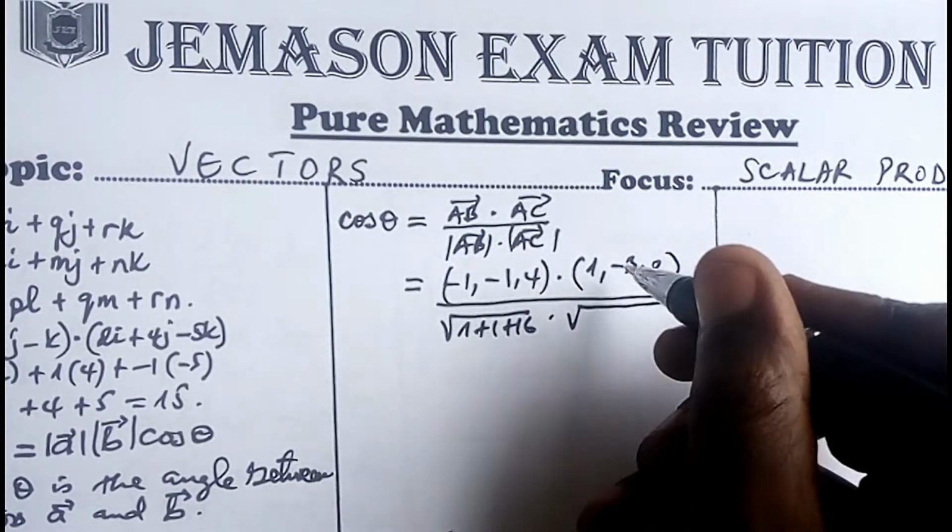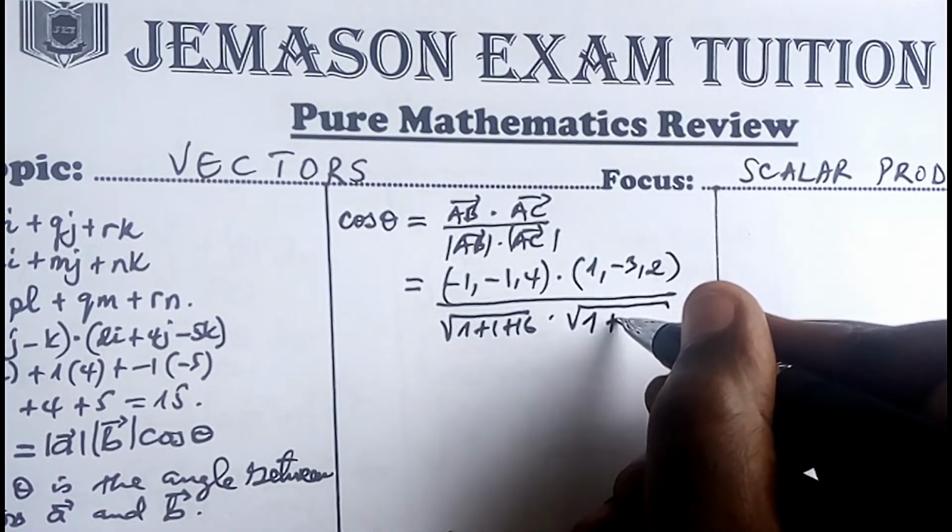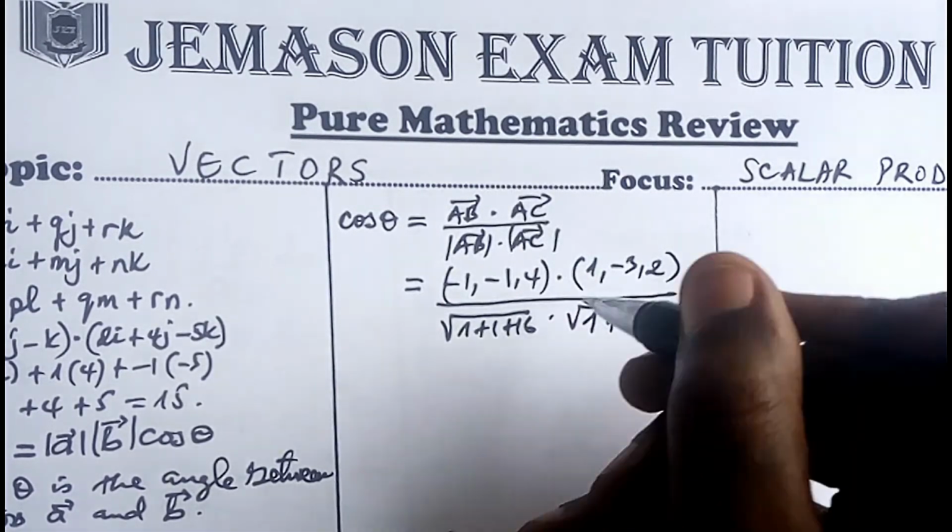The magnitude of the second vector, I square the components and add again: 1 plus 9 plus 4.